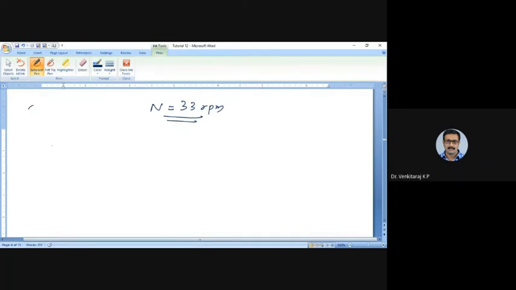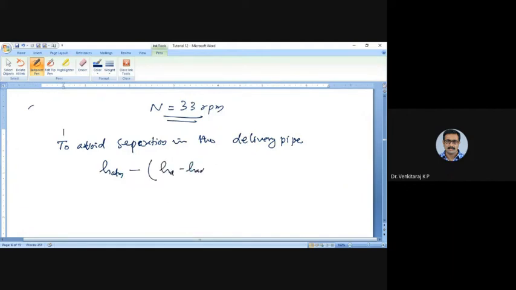To avoid separation in the delivery pipe, we should have H_ATM minus H_D minus H_AD greater than or equal to H_separation, for n equal to n max.